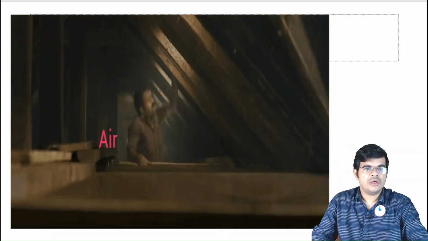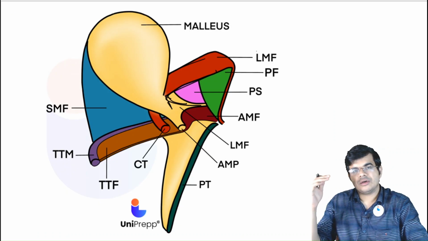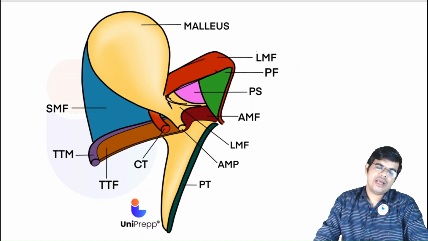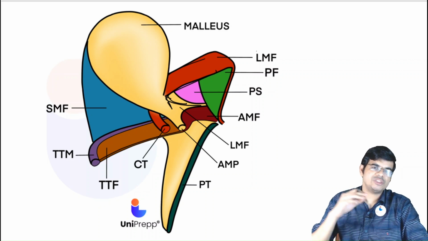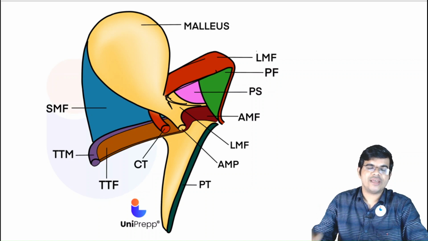Now there is a space in the area of the epitympanum, and this forms the lower unit of the epitympanum. This lower unit is very important in terms of learning cholesteatoma, and this space you have to be thorough with. This space is called the Prussak space.